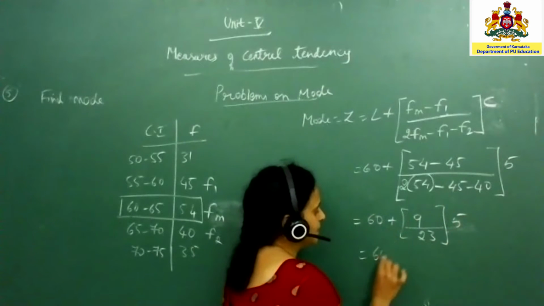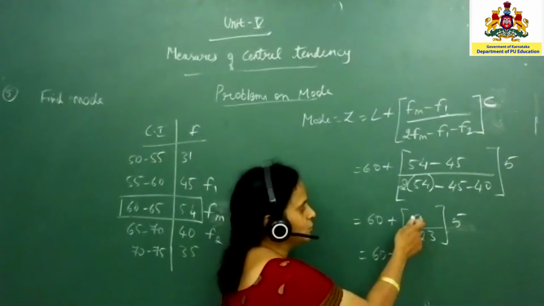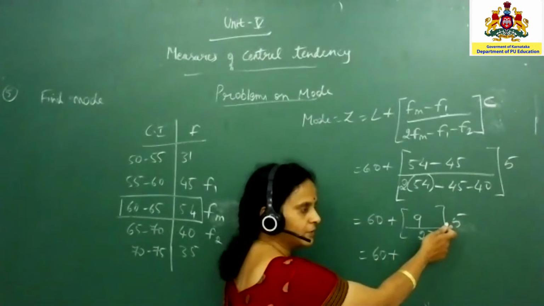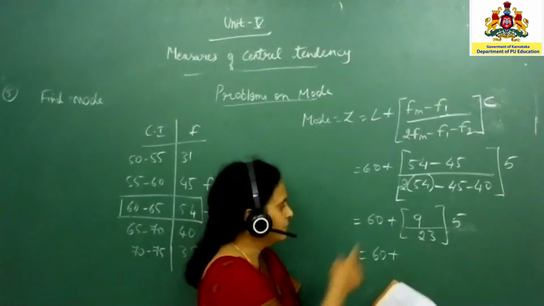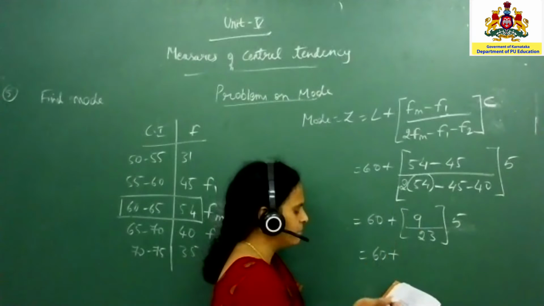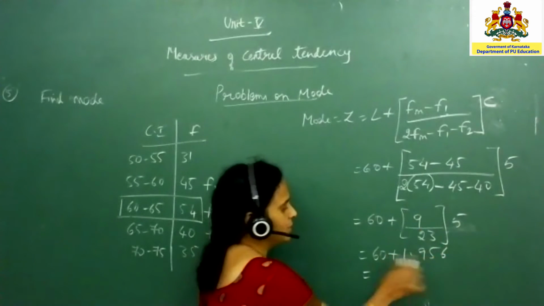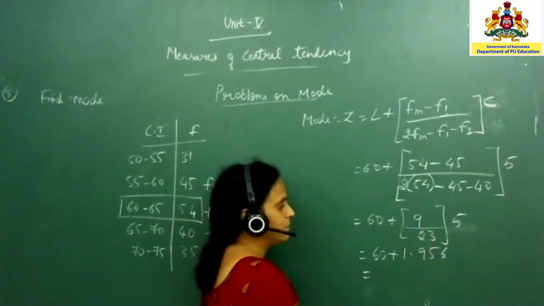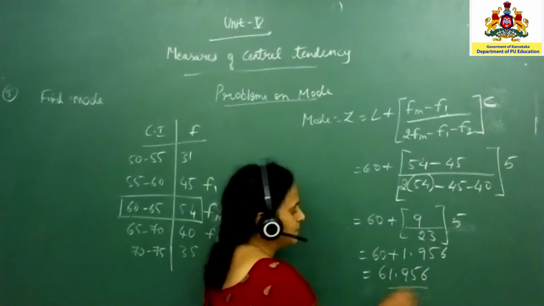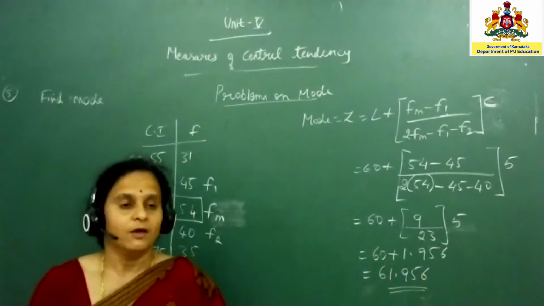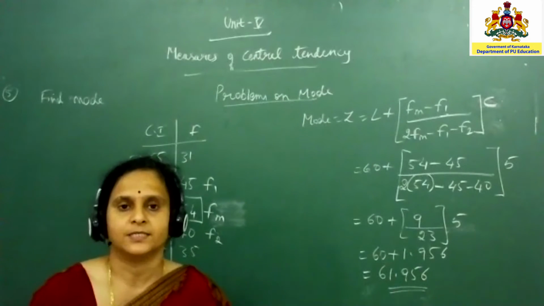I keep the 60 as it is, plus 9 divided by 23 into 5, or you can do 9 into 5 by 23. The simplified value will be 1.956. Next, I add these two numbers: 60 plus 1.956 becomes 61.956. This is the way we calculate the mode whenever we have a frequency distribution with class interval and frequency.